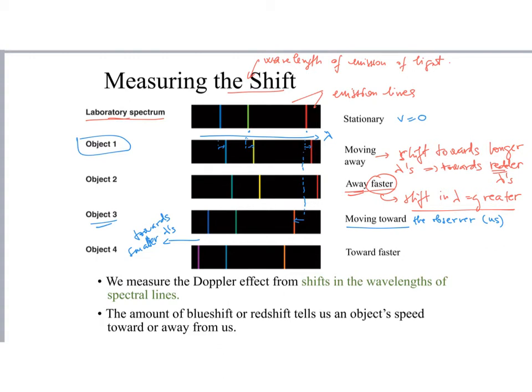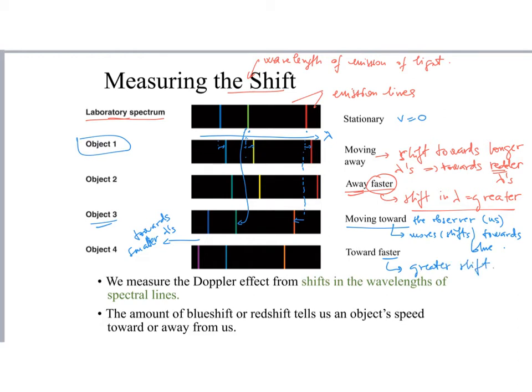You see how the green kind of light becomes turquoise or something, so it moves towards the blue, right? So it shifts towards the blue. So again, faster, that is greater shift.